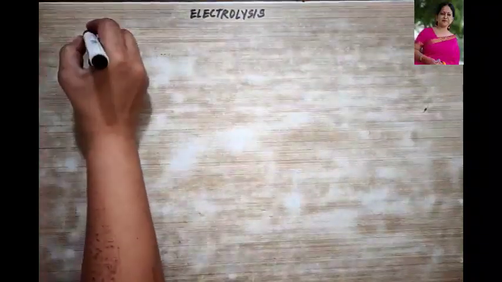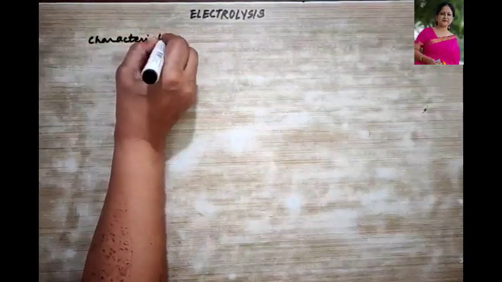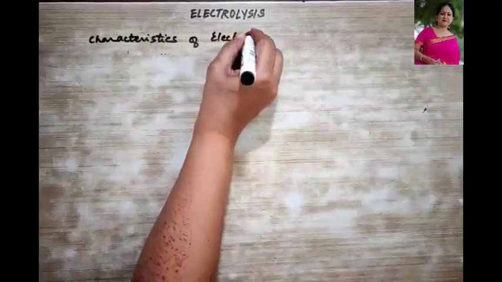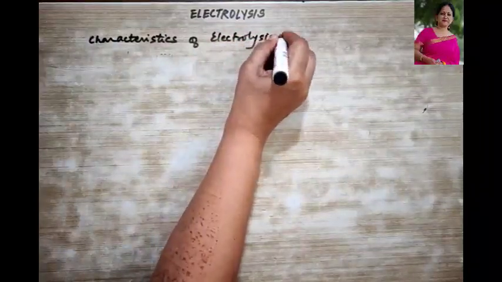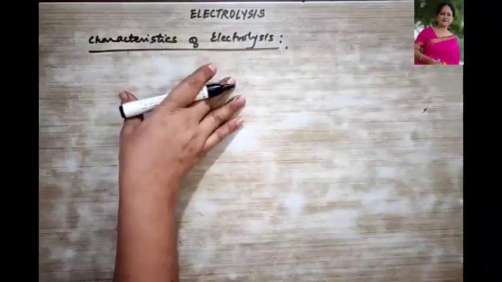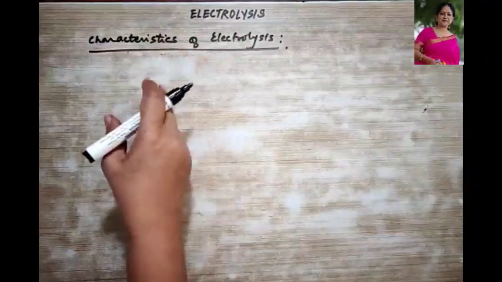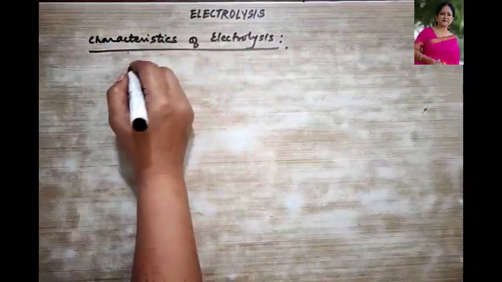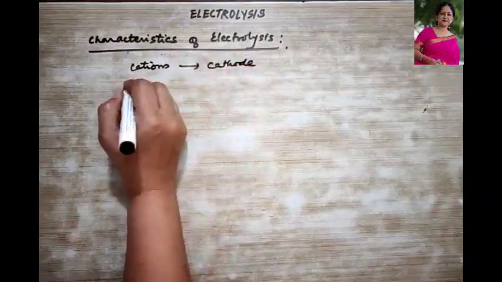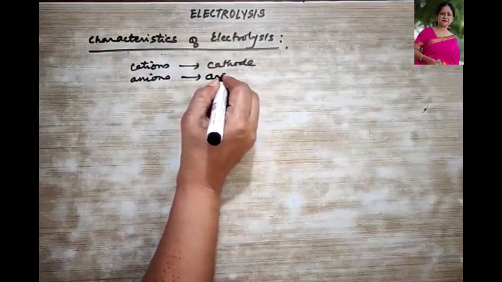Next, let us understand the characteristics of electrolysis. What are some of the characteristics of electrolysis? The passage of electricity through an electrolyte causes the positive ions, that is cations, to migrate towards the cathode, and the anions migrate towards the anode.